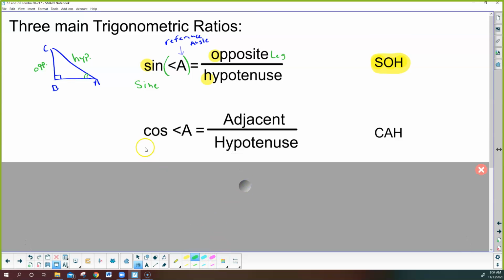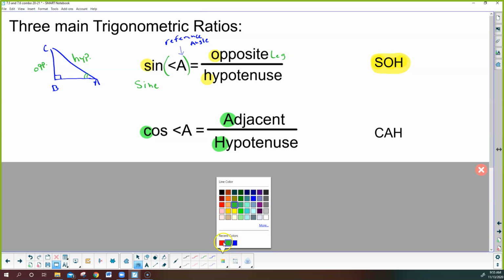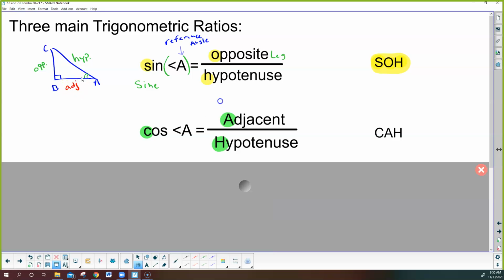And then I have something called cosine, which is the adjacent side length over the hypotenuse. And notice it's still of angle A. So if I set this up, now I can use the exact same picture.